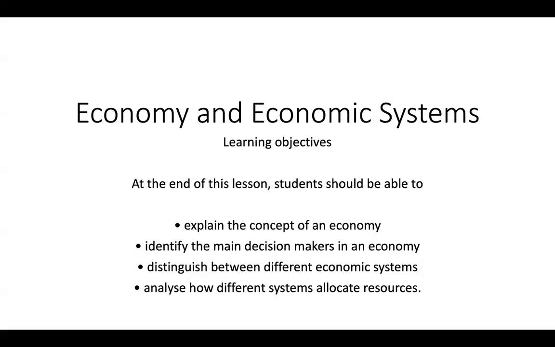So the next question we should ask ourselves is, how do societies actually organize these choices? Every country must decide how resources will be used, how goods will be produced, and how income will be distributed. These decisions form part of what we call economic systems.